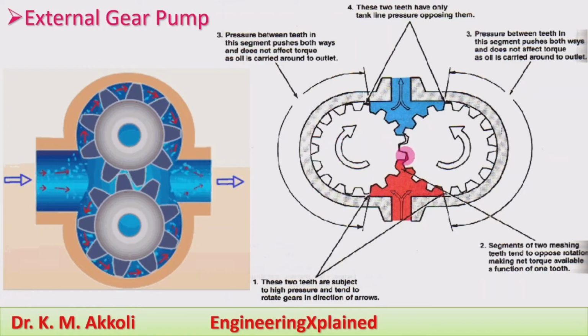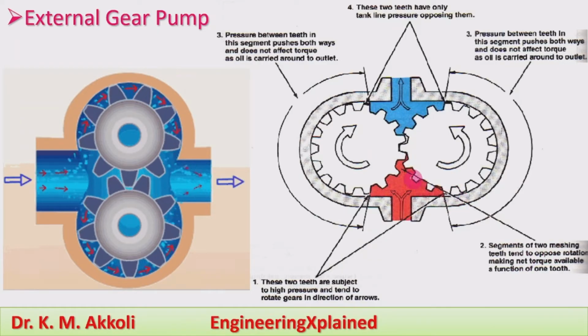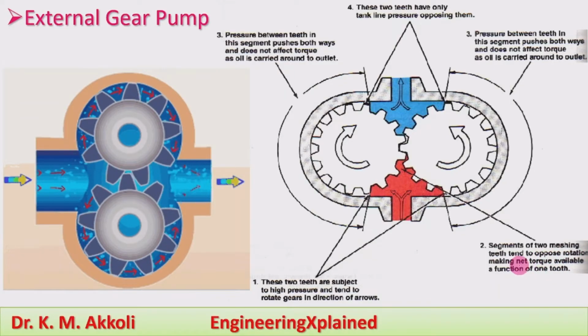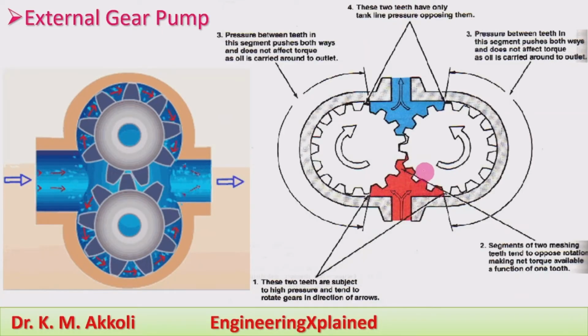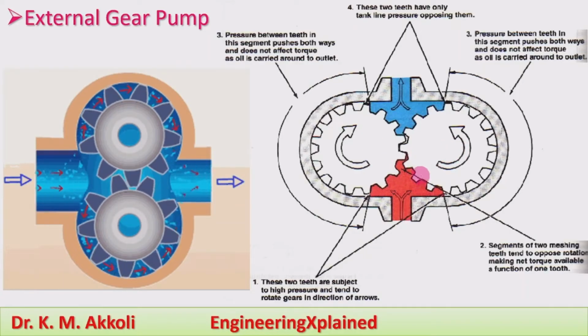Second, the segment of the two meshing teeth opposes the rotation, making the net torque available a function of one tooth. The torque will be available here to carry this rotation. One is the driven gear and another one is the driving gear. Due to the torque, both will rotate.